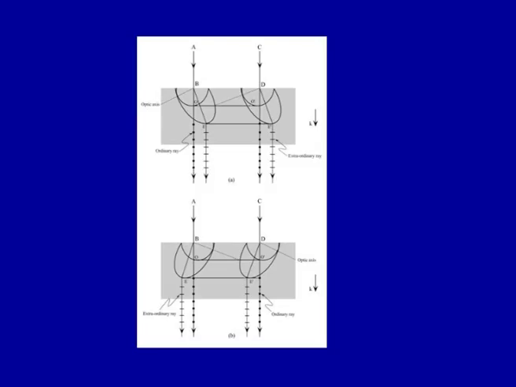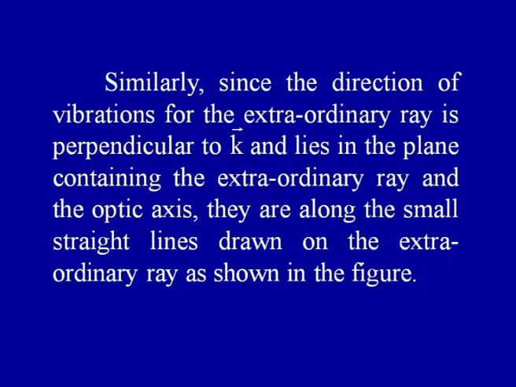For the extraordinary, they are in the same plane and have been shown by short arrows. The direction of vibration of the extraordinary ray is perpendicular to k and lies, as I pointed out earlier, in the plane containing the extraordinary ray and the optic axis.